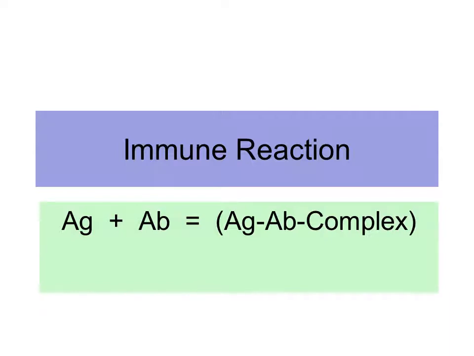So everything is antigenic. Anything that has that tag is going to be considered something that our immune system is going to respond to. But the most specific reaction that we have in immunology is when an antigen combines with an antibody and forms an antigen-antibody complex. So this is the reaction.